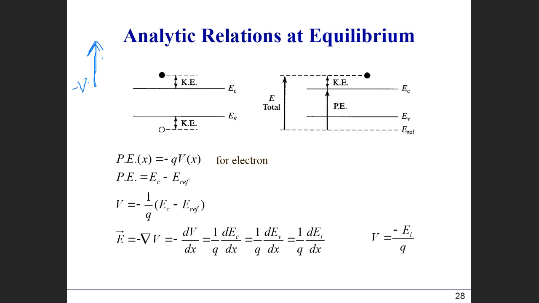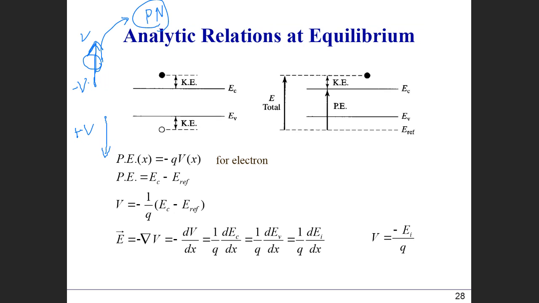Similarly, if you apply the positive potential, your energy is going to increase in this direction. Later on we are also going to look at this, especially when you apply bias to the PN diode, and how the energy band diagram is realigned depending on our applied bias. So I will visit this again.